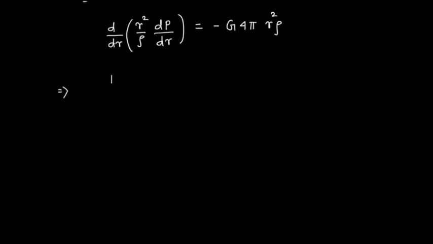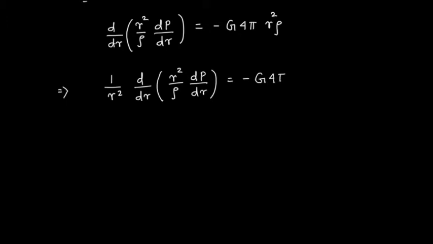So I need to do a little bit of algebra today. I take the 1 by r square to the left hand side. This looks almost like a Poisson equation, but remember that on the left hand side I have P, on the right hand side I have rho.